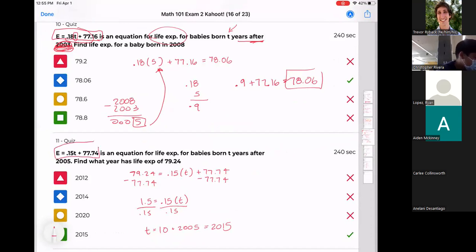The only difference is what's given. In the last question, it gave us t years, which was 5, the years that passed. But in this problem, it's just giving us the life expectancy. So I'm going to grab my equation right here, and I'm going to plug my life expectancy into E.